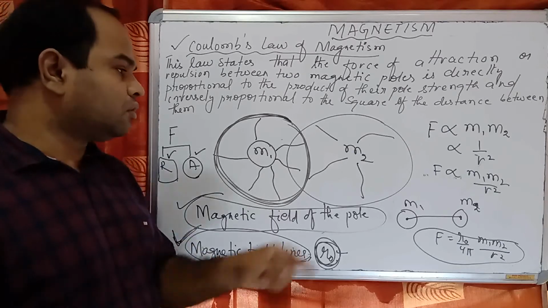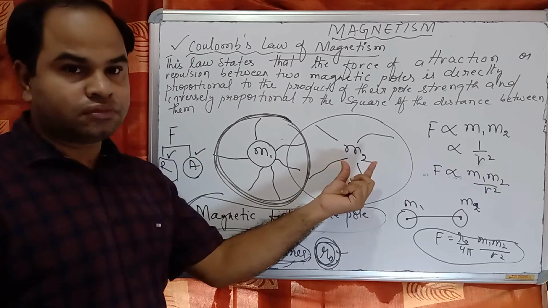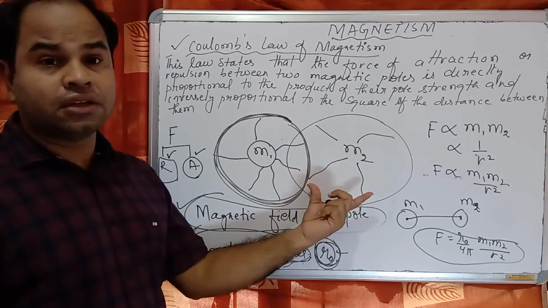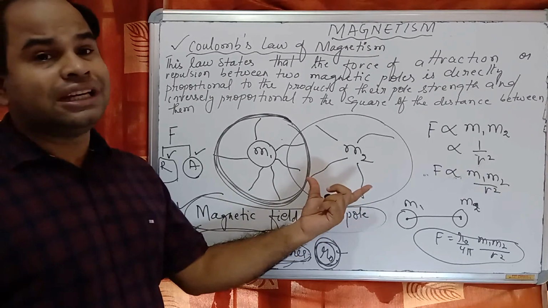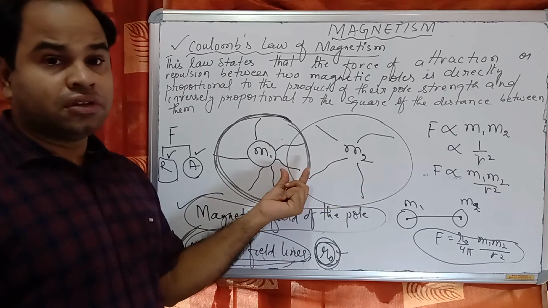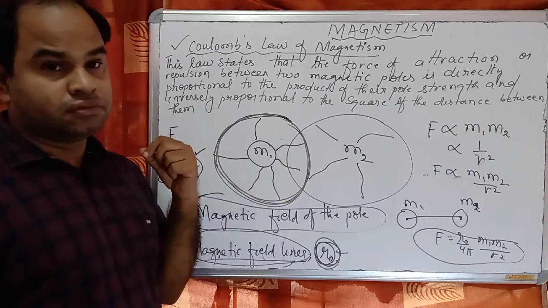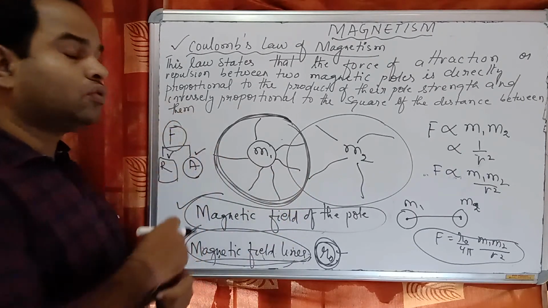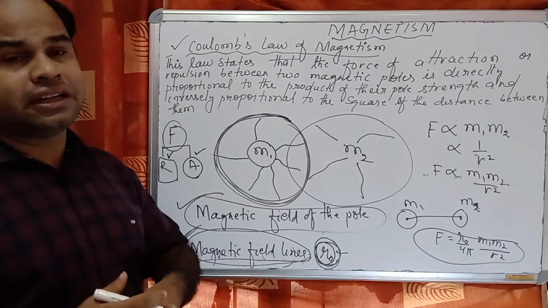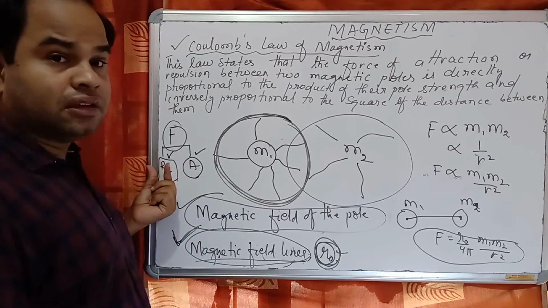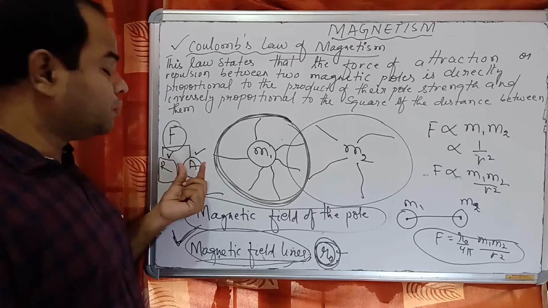If we place another pole nearby having pole strength m2, it will also create a magnetic field. So there is an interaction of these fields. This interaction produces a force. That force is either attractive or repulsive in nature. Same poles repel, opposite poles attract.